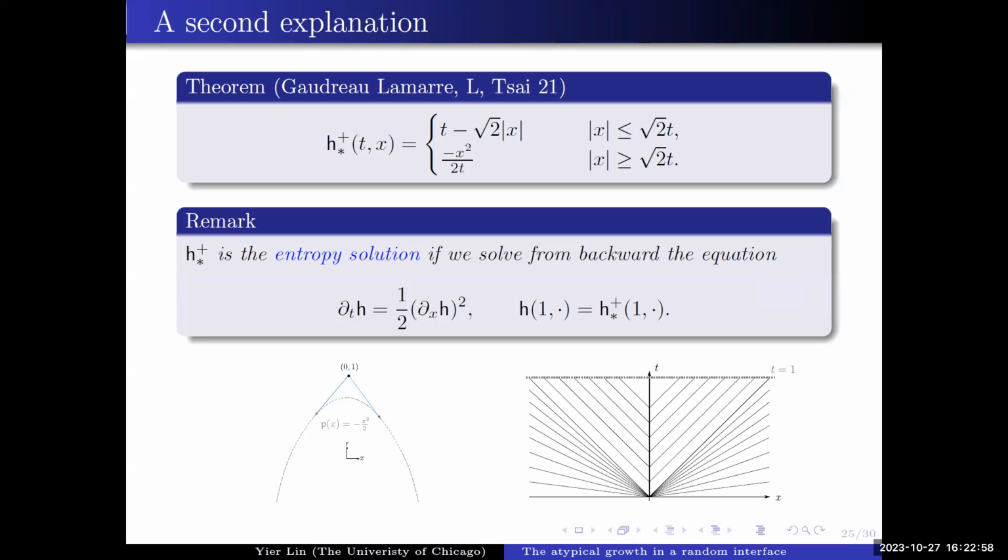But when you turn the picture backward, things are going together, and they form a shock. Then in this case, it's indeed the entropy solution when you solve this equation backward from time 1 from a certain initial condition.